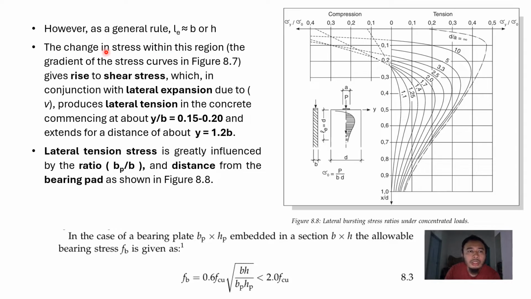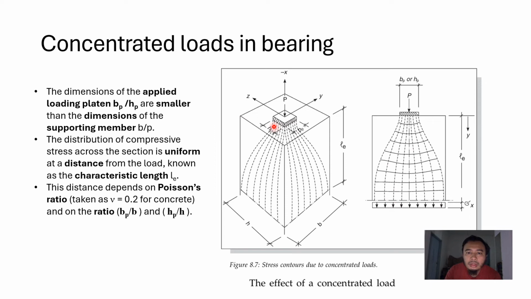The change in stress within this region, the gradient of the stress curves in figure 8.7, gives rise to shear stress, because the force is propagated along a trajectory, and it gives rise to shear stress in the concrete.